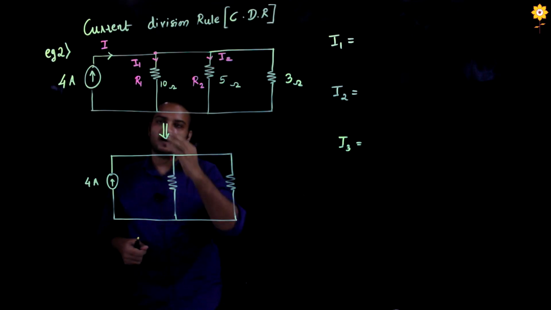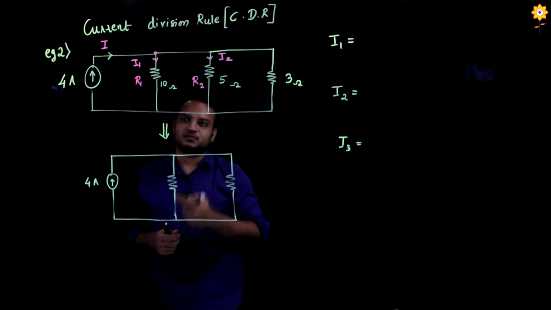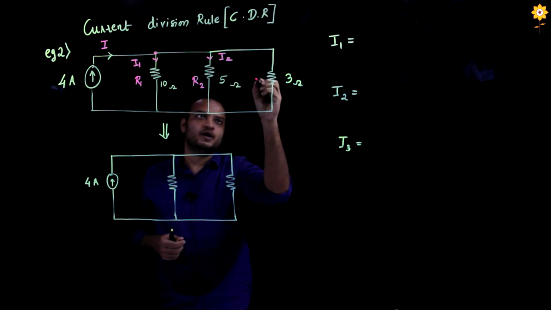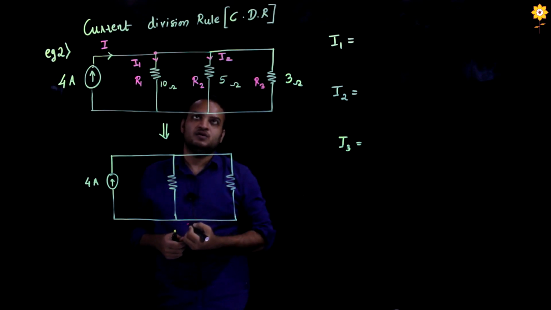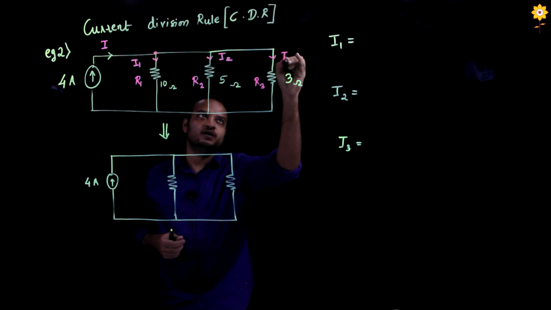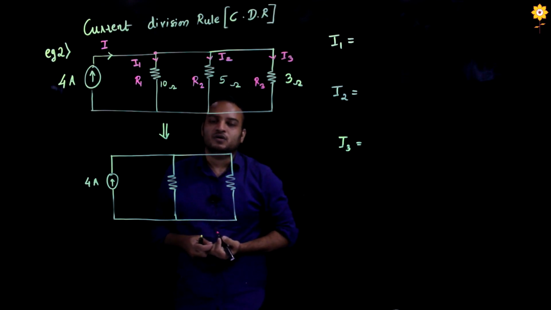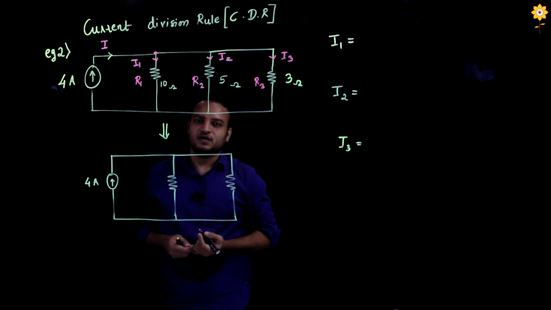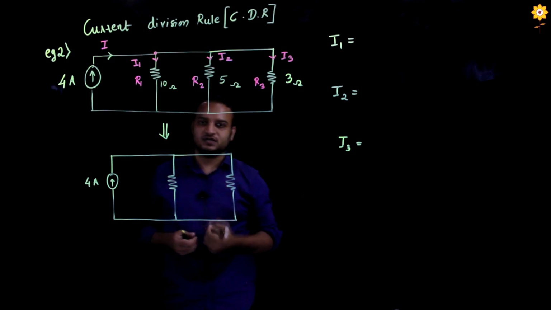Now let's see another example. In this case I have 3 resistors in parallel, R1, R2, and this is my third resistance. The current flowing through that will be I3. In the previous example we have seen how to apply CDR if there are 2 resistors in parallel, but in this case I have 3 different resistors.